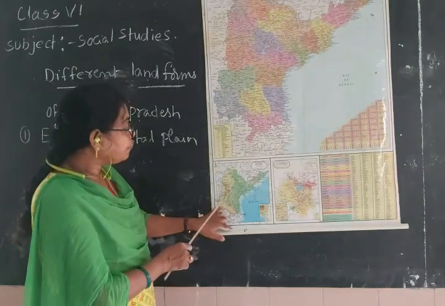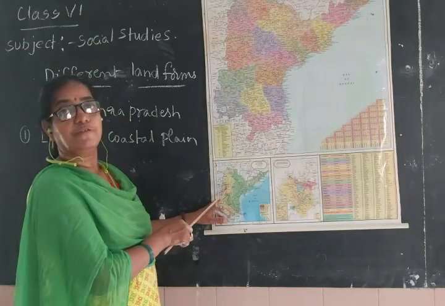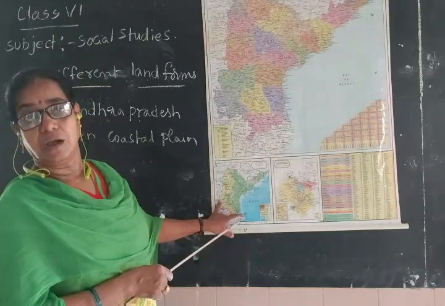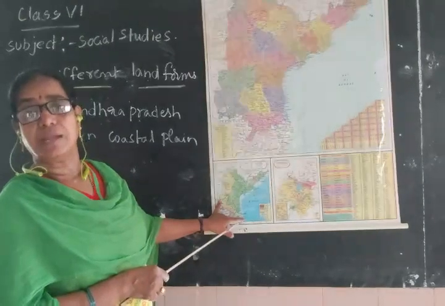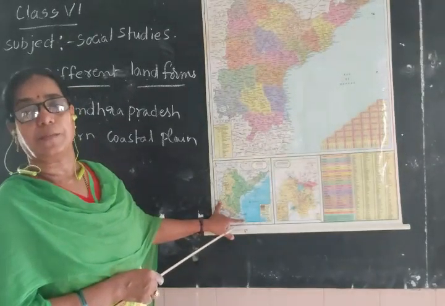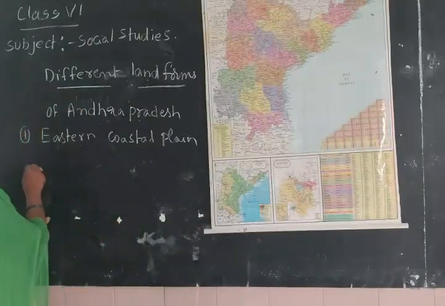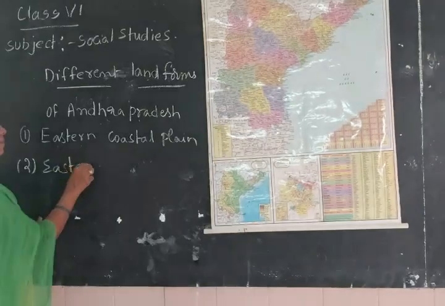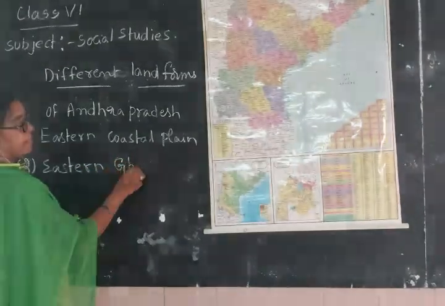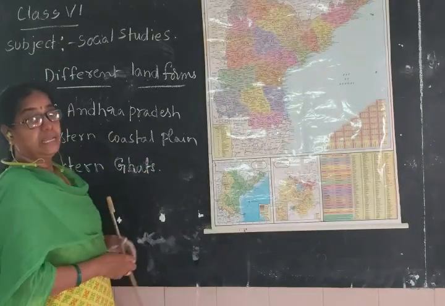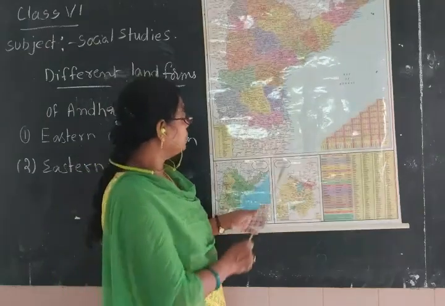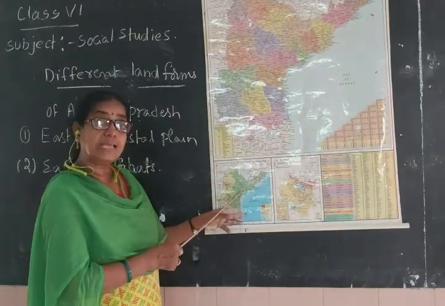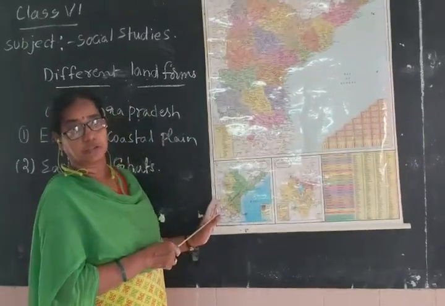Next, if you come towards the west, then we can find the Eastern Ghats. Eastern Ghats are nothing but the hilly areas of Andhra Pradesh. Eastern Ghats are located to the east side of India, but they are located to the west side of the Eastern Coastal Plain.